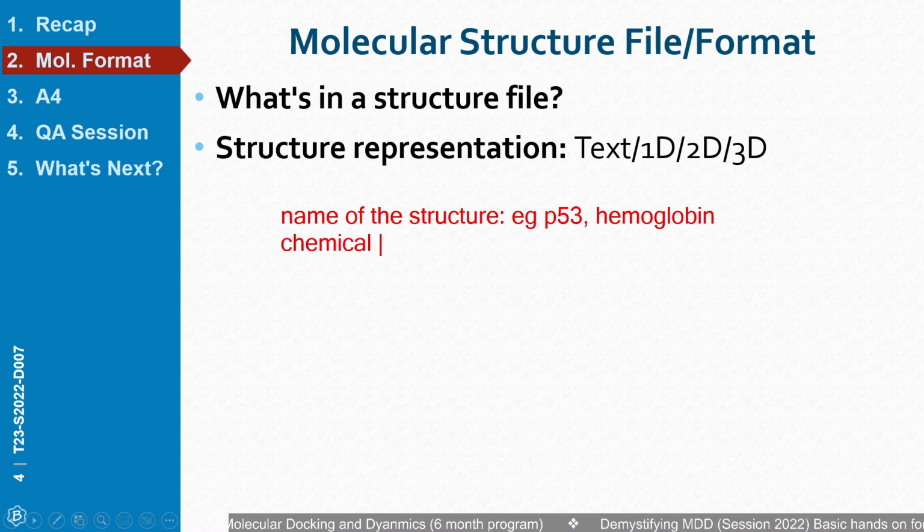But what's the problem with the chemical formula? It will tell you a simple two-dimensional structure or one-dimensional structure. One-dimensional means composition of atoms.